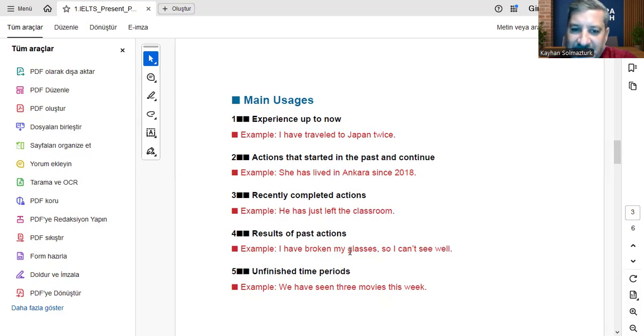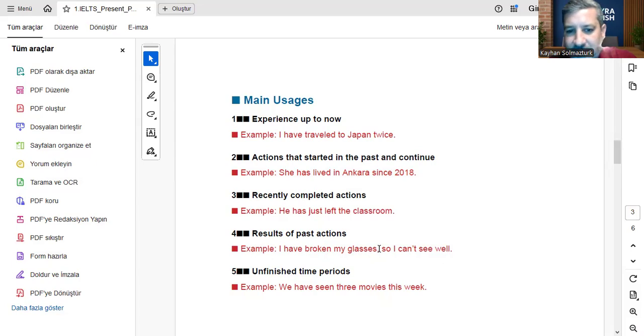If you want to name the specific period of time, we use the past simple tense. But if you want to talk about the effect on that specific past action, then we use the present perfect tense. So, I have broken my glasses.